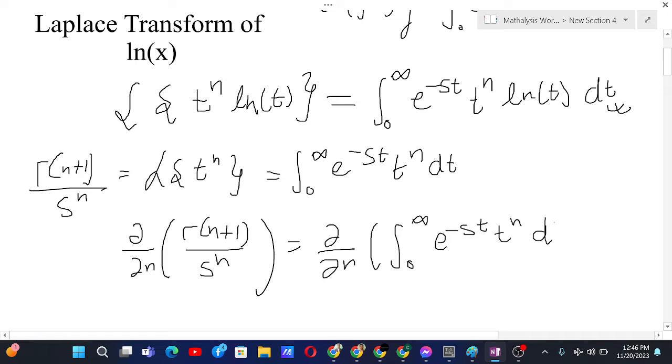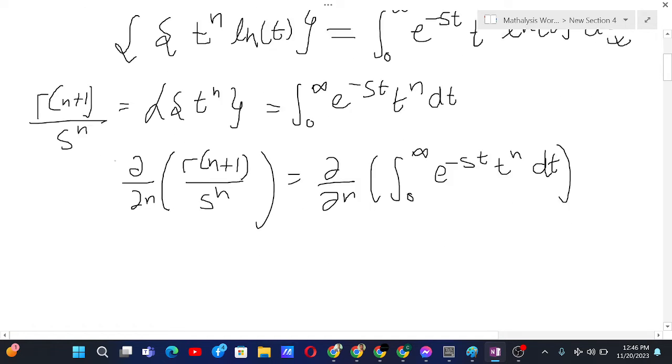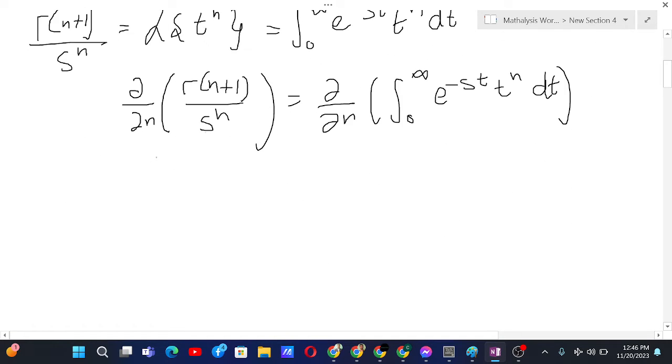Now if we differentiate both sides, here we apply the formula for u by v, that is v u dash minus u v dash by v square. Sorry, it's n plus 1, not just n.